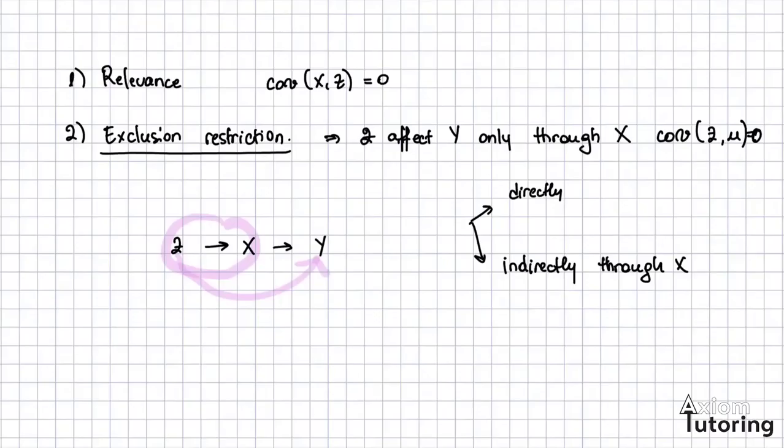The education example, going back to it, the distance to university and X being your education. The argument is distance affects education, which affects income, and that is fine. But could distance affect income directly? Possibly. Rural areas have different labor markets and lower wages, regardless of the education that you have.